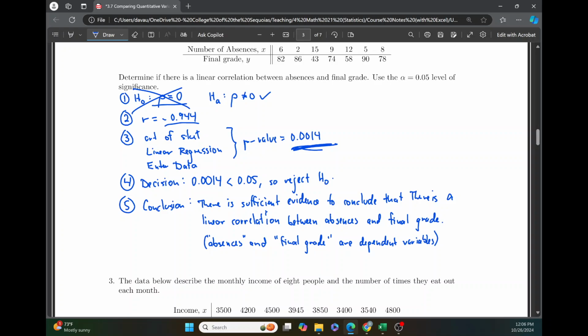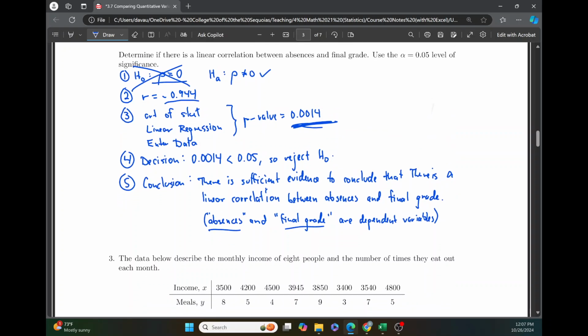Your final grade depends on how many absences you had in the class. It's not uniquely determined by the number of absences, but the number of absences does affect your final grade. Okay, so your final grade is dependent on how many times you missed class. So that's the conclusion of that test.